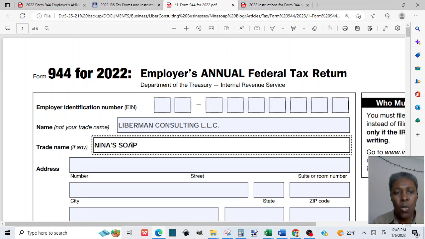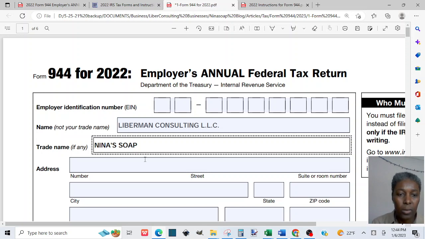So when I look at the EIN application form that I submitted, for legal name, I have Liberman Consulting LLC. Therefore, for name, it is more appropriate to put the business name, not my personal name. So Liberman Consulting LLC, and the trade name Nina Soap.